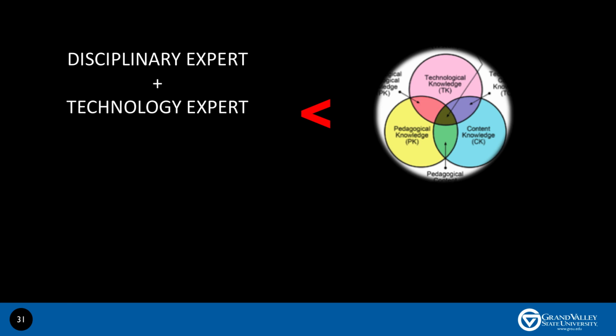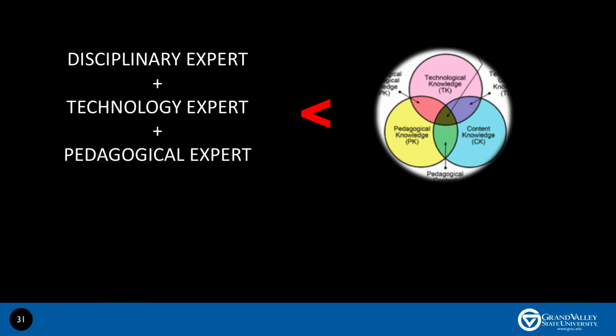A teacher capable of negotiating these relationships represents a form of expertise different from and greater than the knowledge of a disciplinary expert, let's say a mathematician or a historian, and a technology expert like a computer scientist, for example, and a pedagogical expert, an experienced teacher.